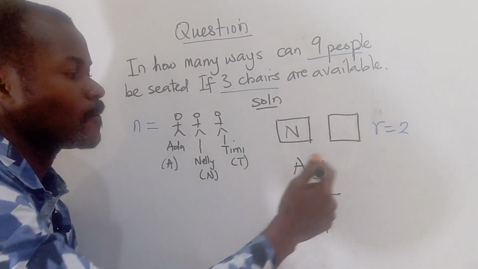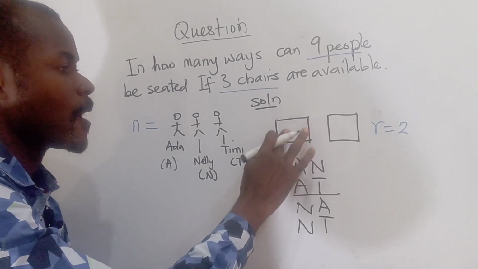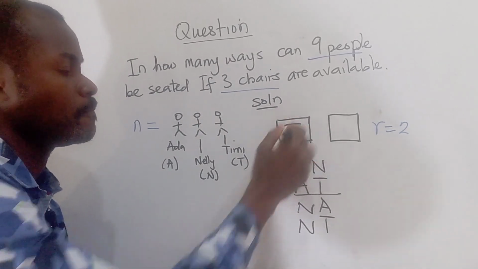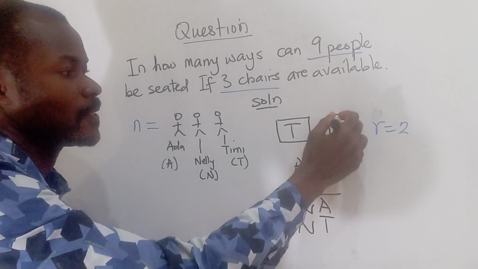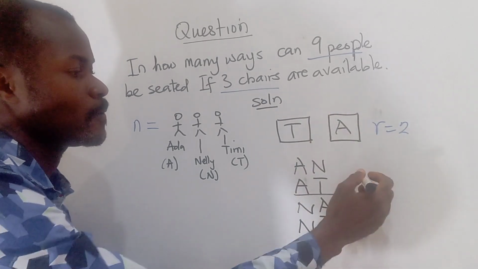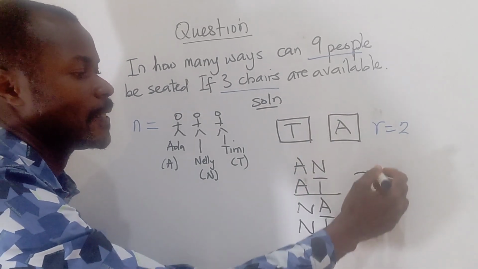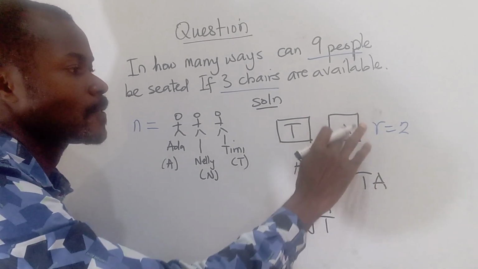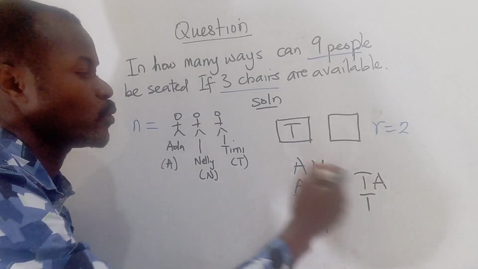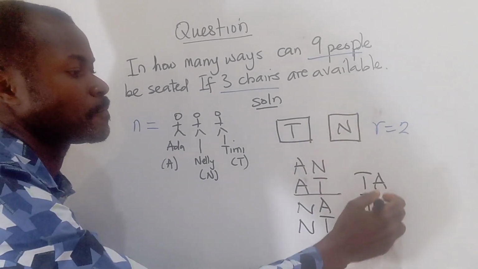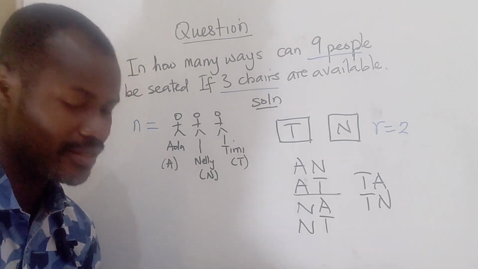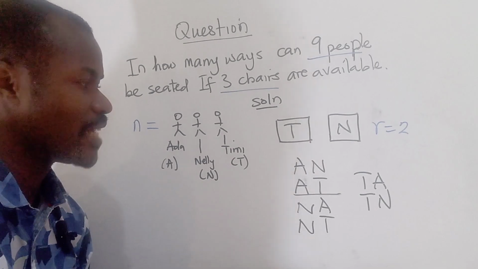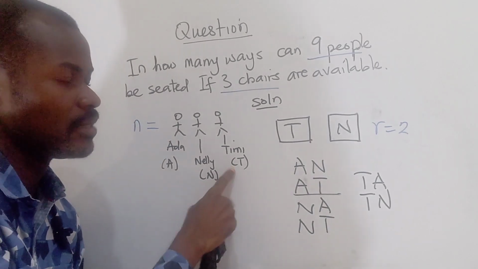Then finally, we can start with Timmy and put Ada, or start with Timmy and put Nelly. So these are all the possible arrangements we can have on arranging Ada, Nelly, and Timmy.